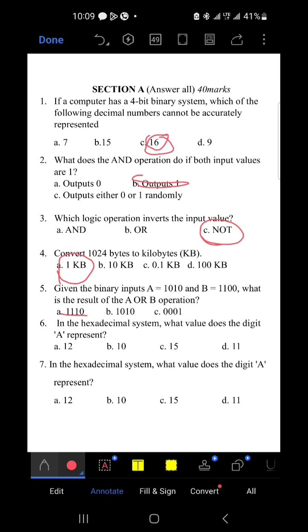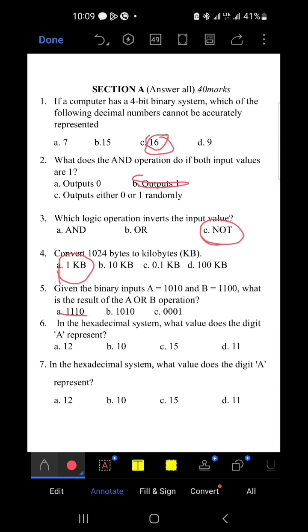Now question 6. In the hexadecimal system, what value does the digit A represent? Okay, we have options. Option A is 12, option B is 10, option C is 15, and option D is 11.